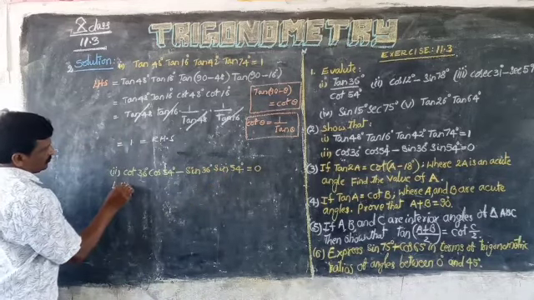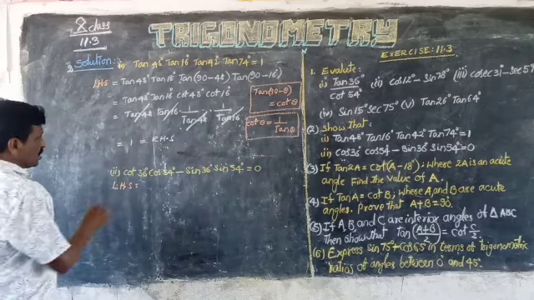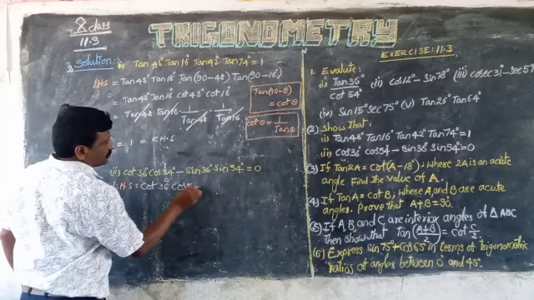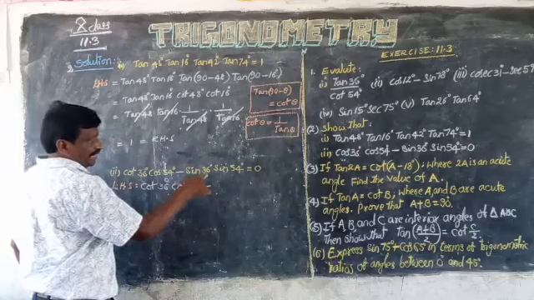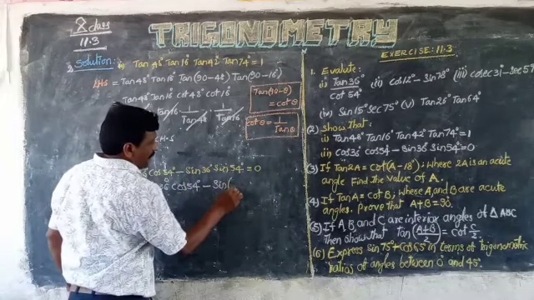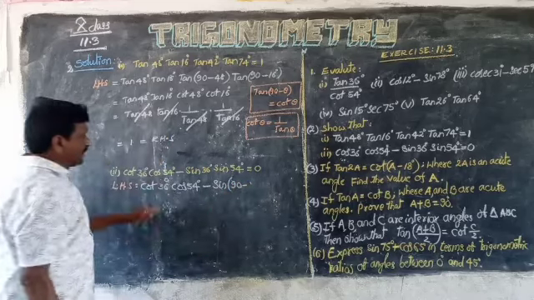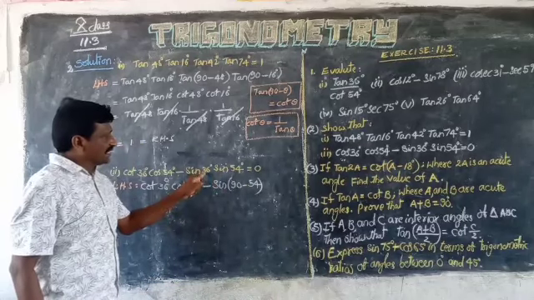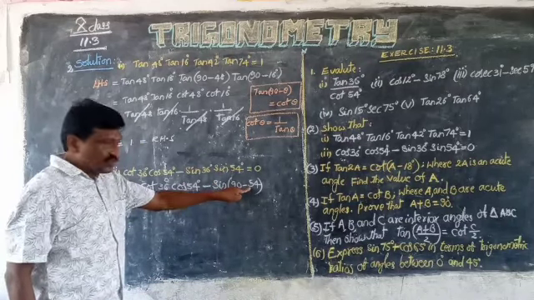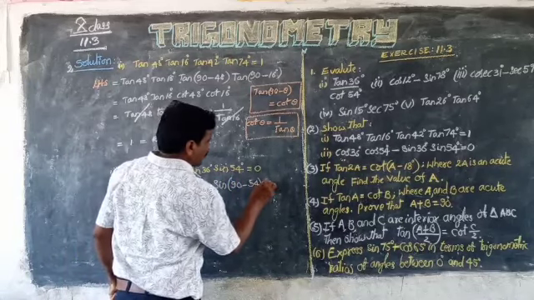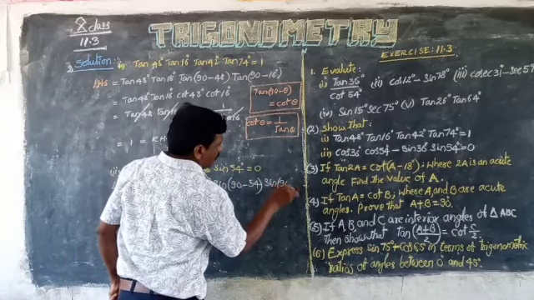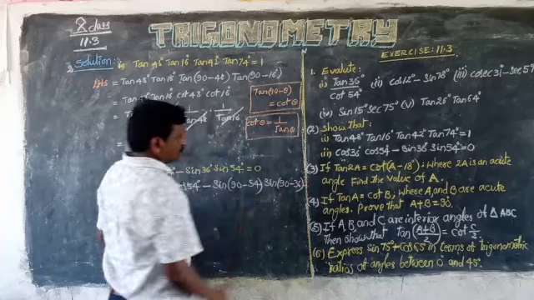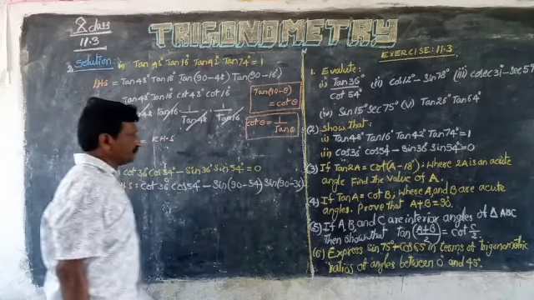LHS: cot 36 cos 54 minus sin 36, where sin 36 is sin(90 minus 54), since 90 minus 54 is 36, and sin 54 is sin(90 minus 36), since 90 minus 36 is 54.